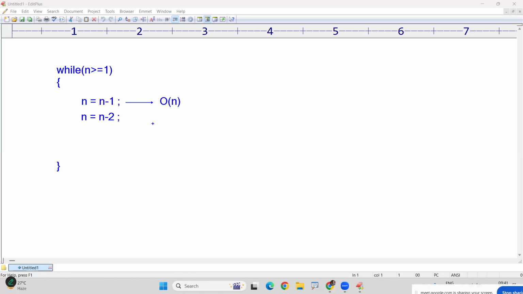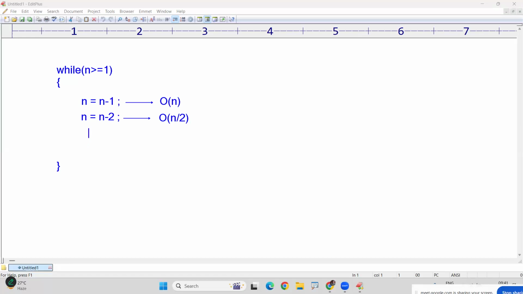Only 5 times it is iterating. So simply to say, it's half the times. 10 becoming 5 is nothing but n by 2. How many times it is iterating is important.